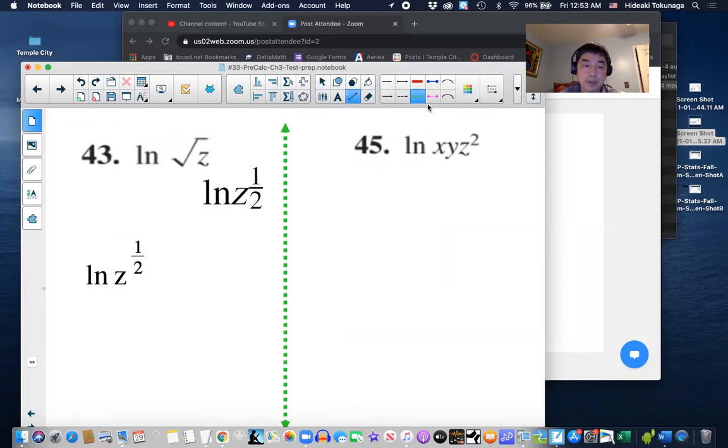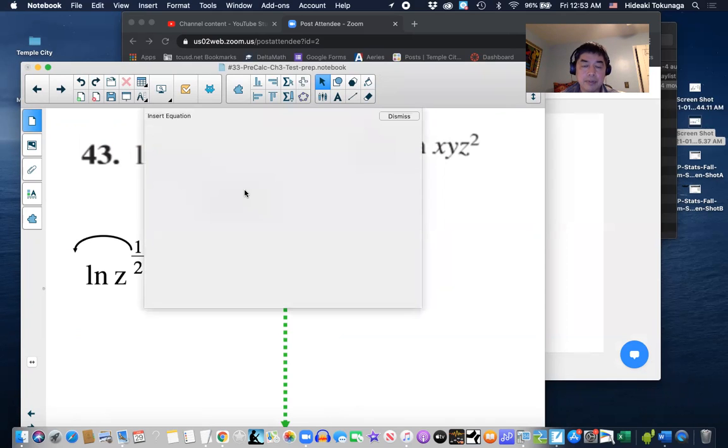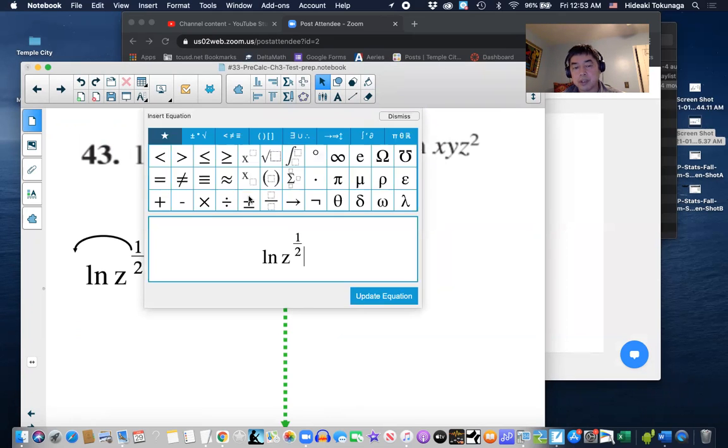If it's exponents, you can put them on the front here. So let me use this equation and put the equal sign. And as I told you, you can plug in half here and erase the exponents.